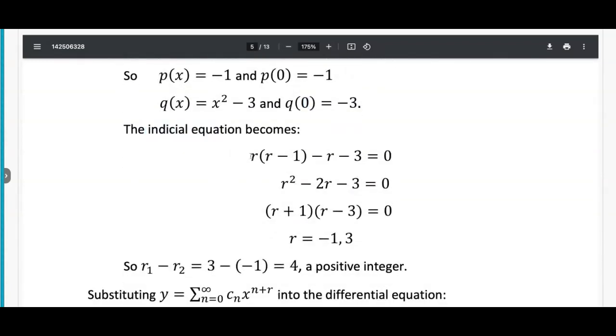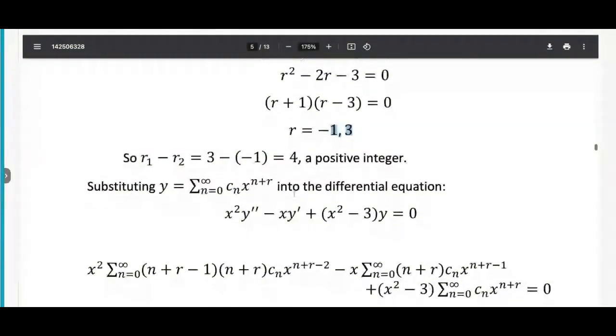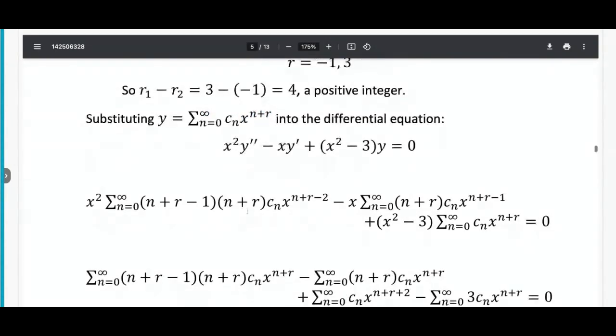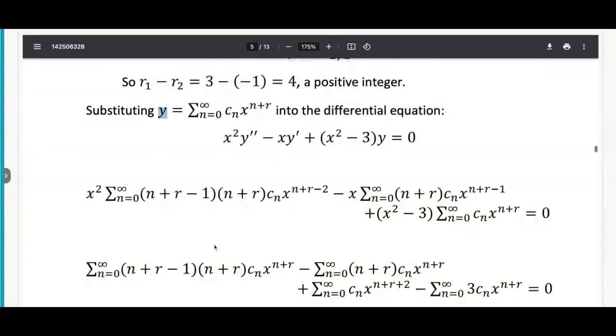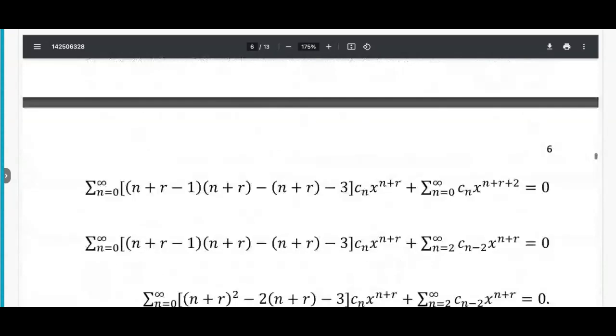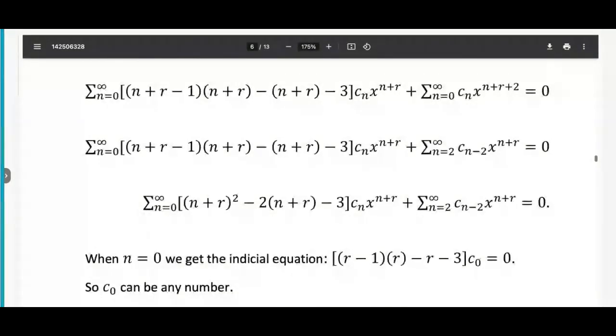The initial equation is this. You plug in, and then we solve for r. We get two integers, so they differ by an integer. So we use a solution of y, in this case, x raised to n plus r. Of course, we find y prime, y double prime, similar to before. We simplify. In the end, we see this one, we have r plus 2.